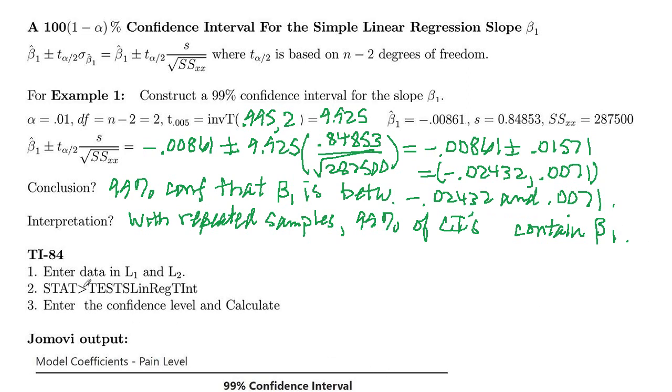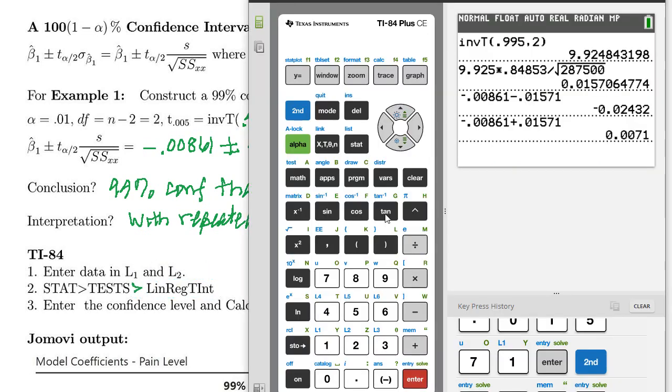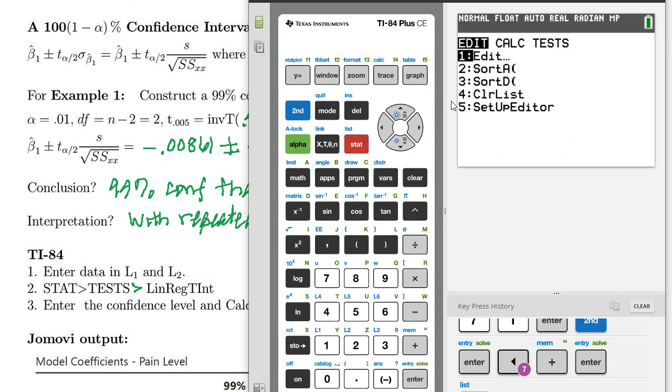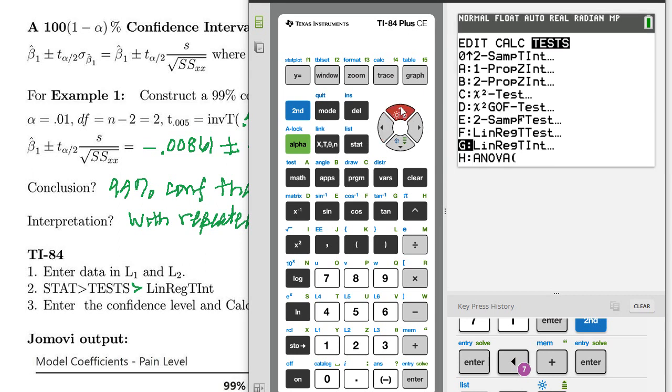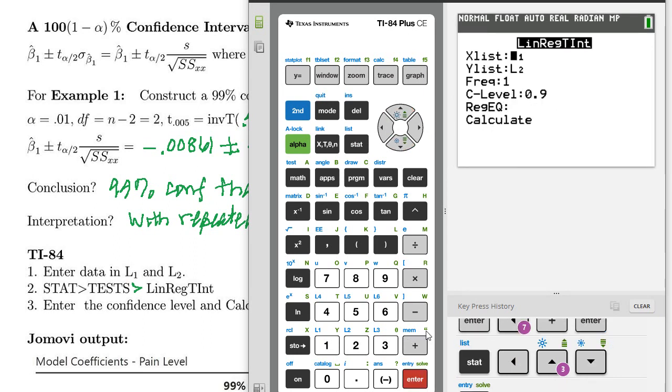And then we can do this on the calculator too, using stat, tests, and then LinRegTInt is the function there. So if we go to the calculator here, stat, we already have our data entered in, tests, and then it's way down at the bottom. If you go up, you see LinRegTInt, enter.